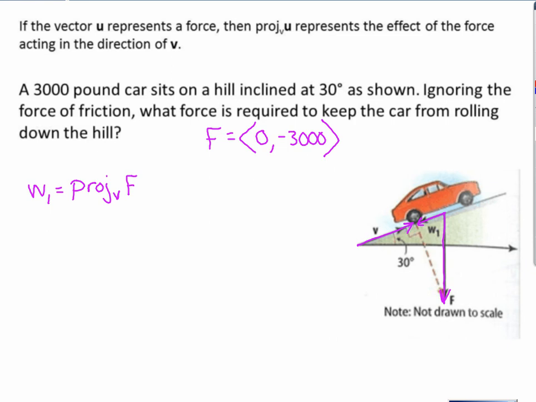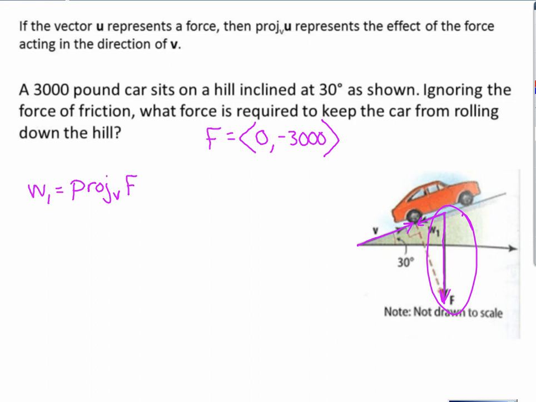Since it's pushing down, that is going to be a negative number. Now we want to project this so that it's parallel to vector v, so we can say of that 3,000-pound force, how much of it is pushing the car down the hill, letting it roll down the hill. So we're going to project vector f onto vector v itself.